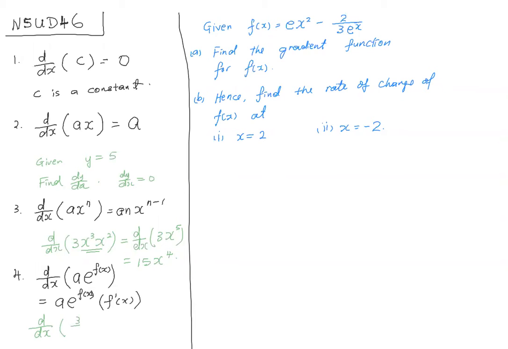3 over e to the power of 2x. So what should I do first? Bring the e power of 2x up, like negative it.